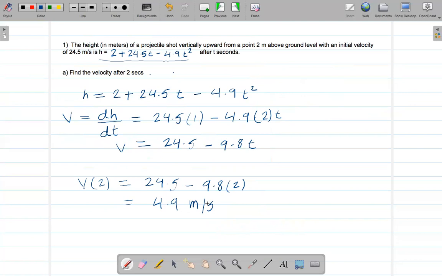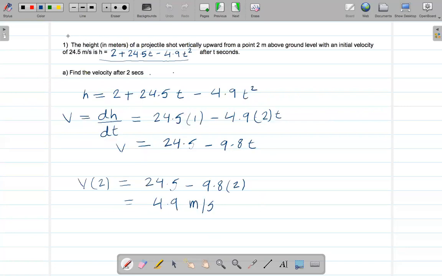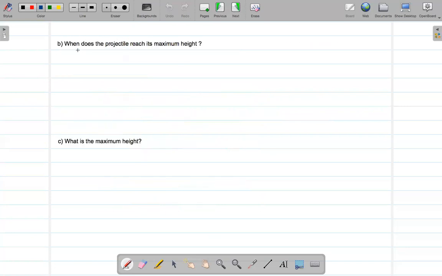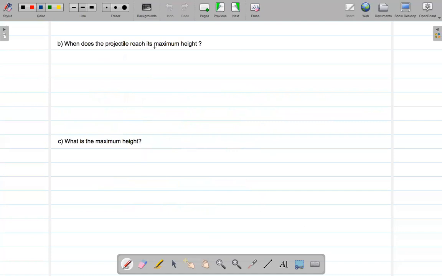Now let's go to the next one. Now this is part B. So here you're finding when the projectile reaches its maximum height. We are finding the time at which it will reach the maximum height.